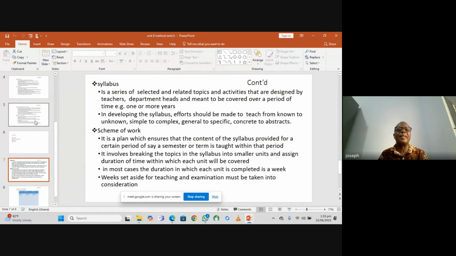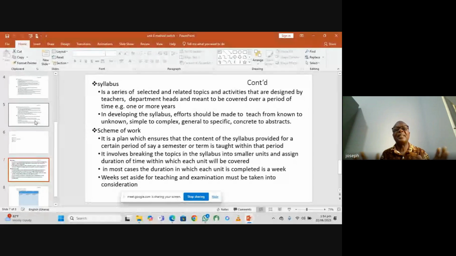So we take so many things into consideration before you plan your scheme. You take the timetable to know the number of times you have. You take the syllabus to know the various topics, whether a topic can cover two to three weeks or you can use one week to cover it. You consider the holidays in that particular term, and the environment or community where the school is situated, their activities, whether there will be a festival or a big funeral, whether it's a marketplace, or a Muslim community where Fridays matter.